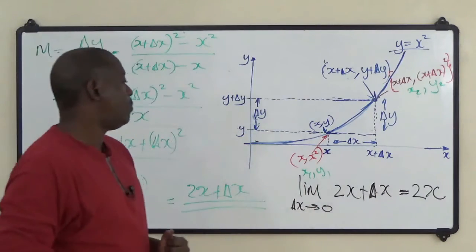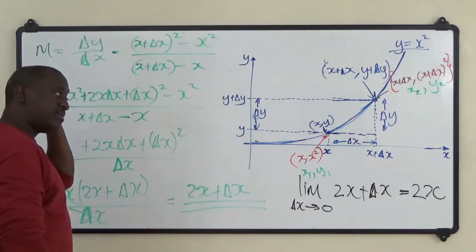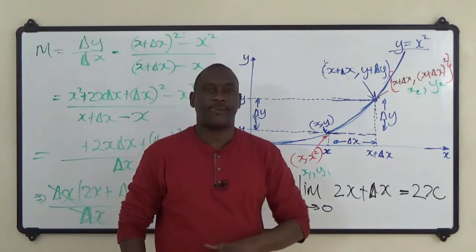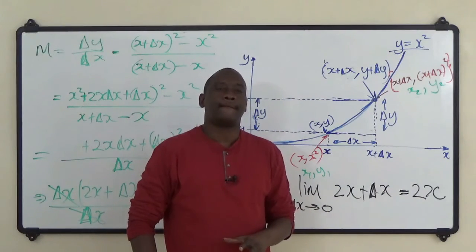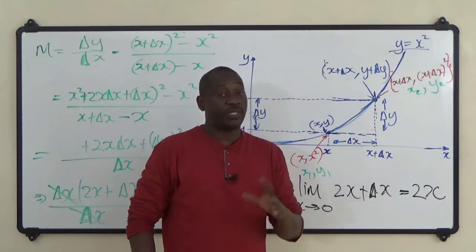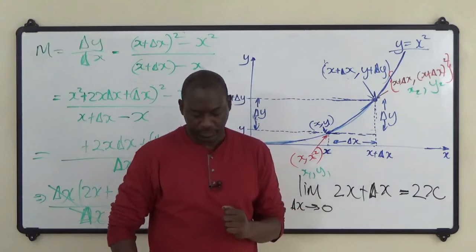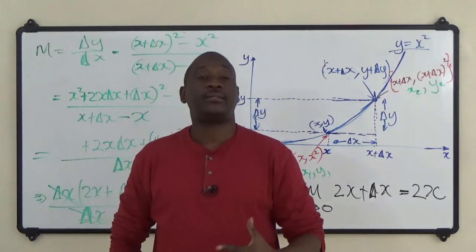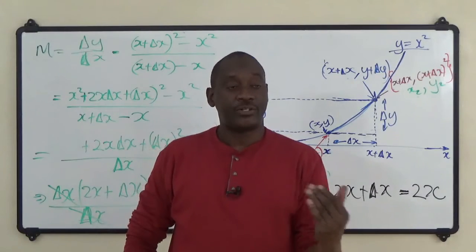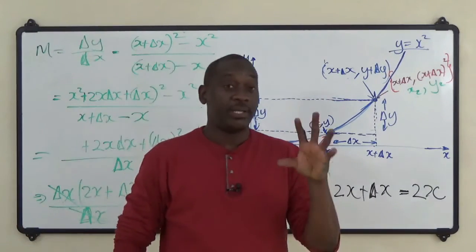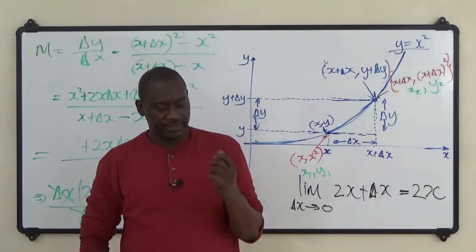What that means is that the gradient of the tangent at x equal 1 would be 2 by 1, which is equal to 2. The gradient of the tangent at x equal 3, which will mean the point 3, 9, will be 2 by 3, which will be equal to 6.